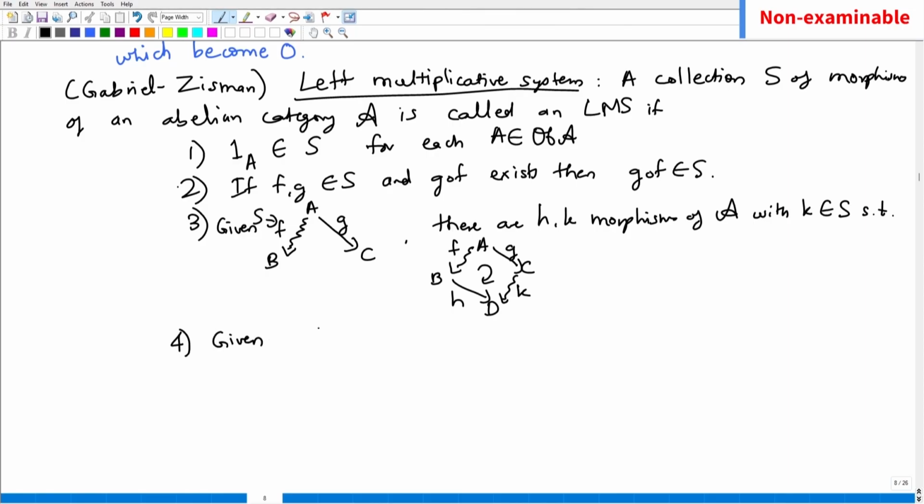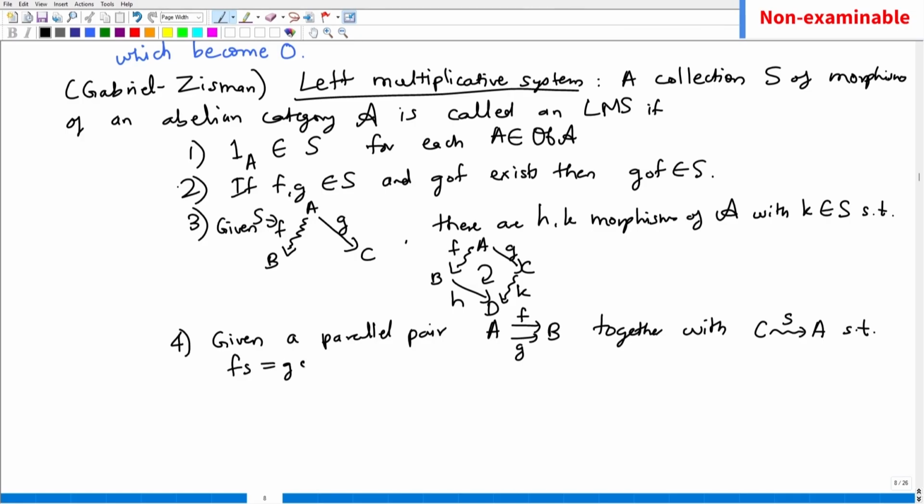Given a parallel pair f and g, together with some morphism s in S such that fs is equal to gs, there exists some t from B to D, in the curly set, such that tf is equal to tg.